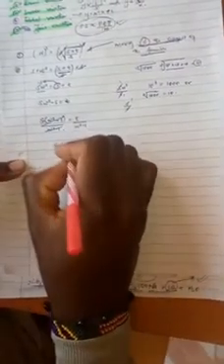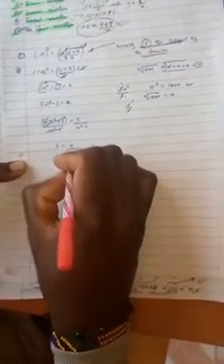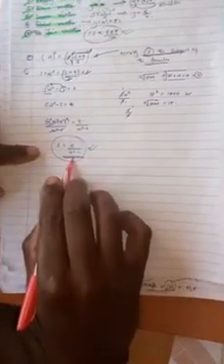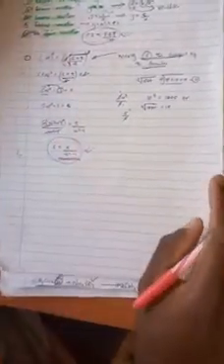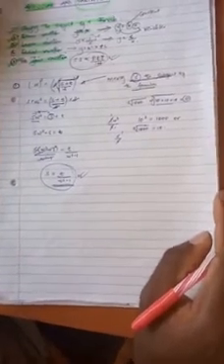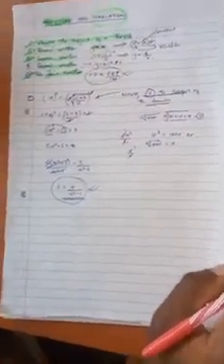That and that will cancel. So I'll be left with s is equals to t over w cubed minus 1. Now this is how you make s the subject of the formula. I hope you've understood, and be ready for the next lesson on the variation part.